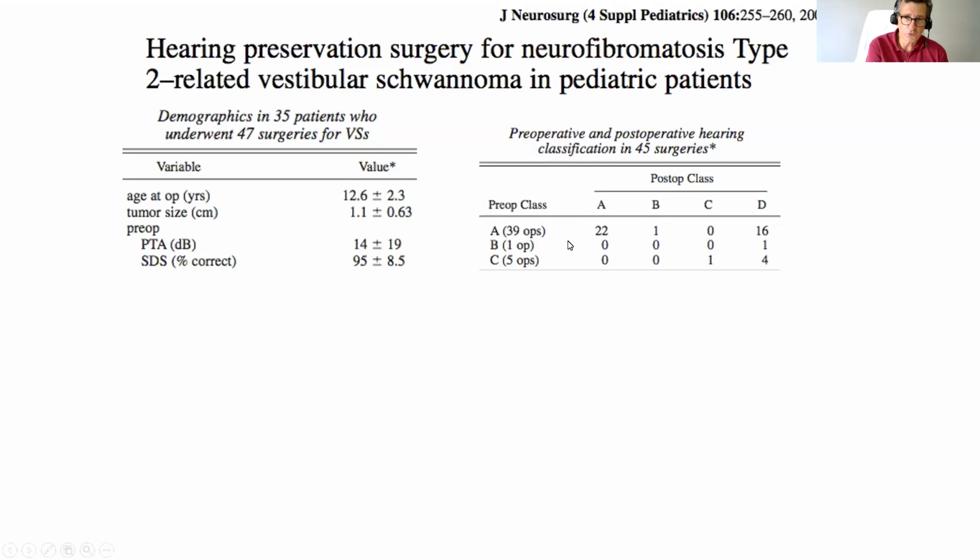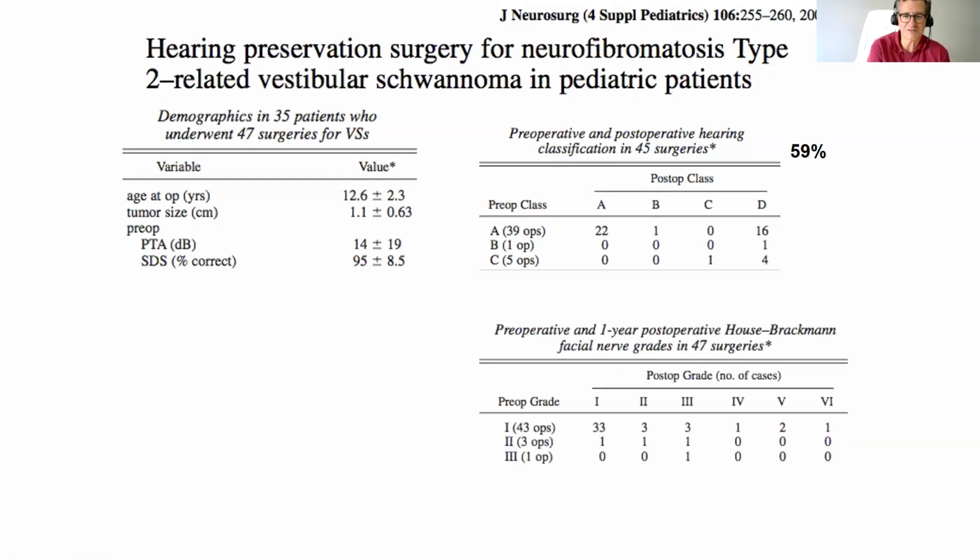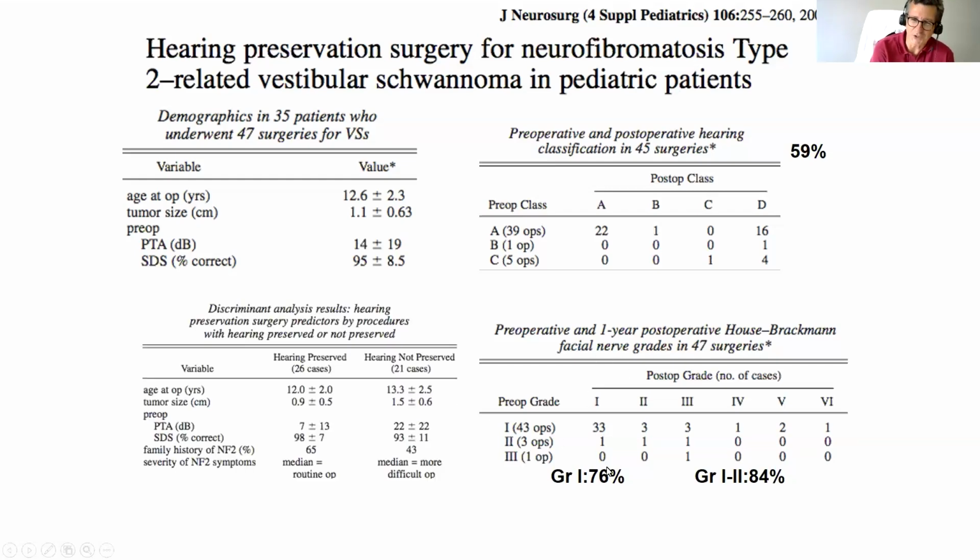This paper was published by the House Clinic by a very experienced team with Derald Brackmann, and their experience is not so good. They are very good surgeons, but even in their hands, they obtained not so good results for the facial nerve, because you see only 84% of grade 1 and grade 2 normal facial nerve in surgeries for very small schwannoma, with a size of 1 centimeter in the internal auditory canal.